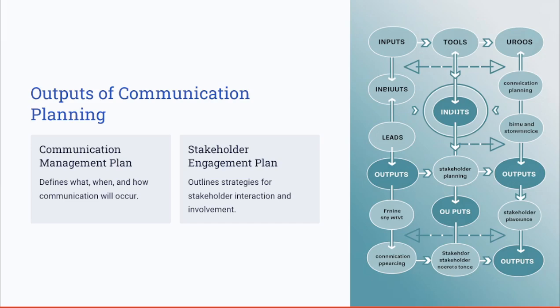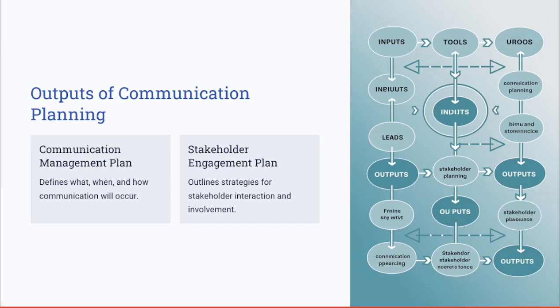The communication management plan defines what, when, and how communication will occur. On the other hand, the stakeholder engagement plan outlines the strategies for stakeholder interaction and involvement.